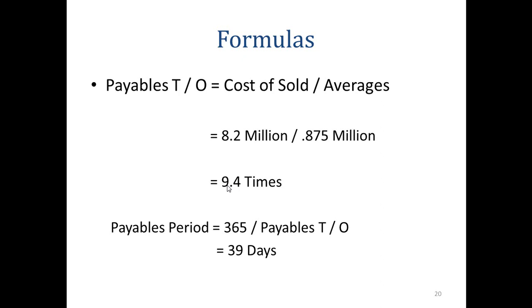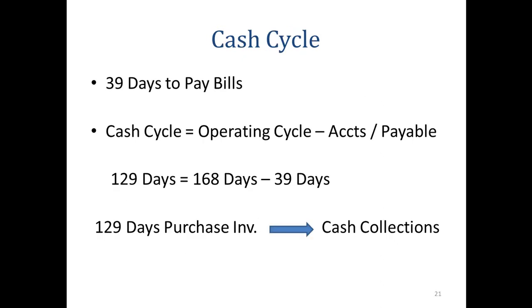You don't want to not pay them within the normal time frame. So we'll talk about that in class. But here, that's 9.4. 365 over 9.4 is 39 days, that's telling me that I am paying my bills within 39 days. So if you can stretch that out without harming the relationship with your vendors, then that's okay.